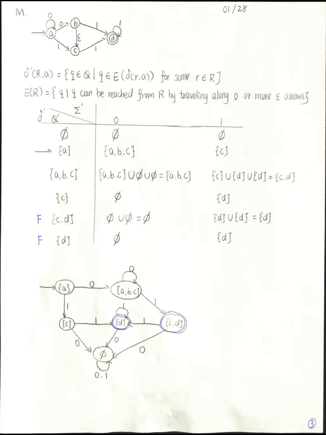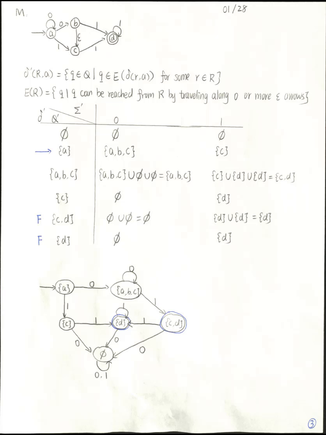Then for CD, reading the symbol 1, from C, I can reach D, and from D, I can reach D. Then I take the closure of that, which is still D. Now we check the states. We have the empty set and D. They are already in the left column, so I don't need to do anything for them, and I continue with the computation for the next transition.